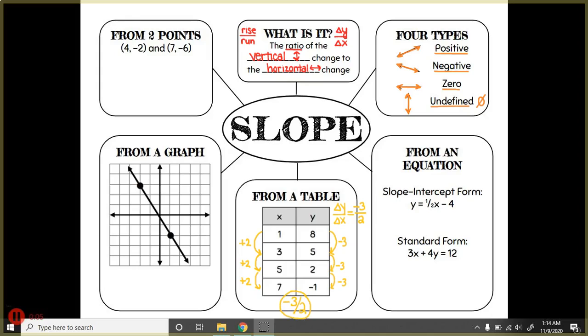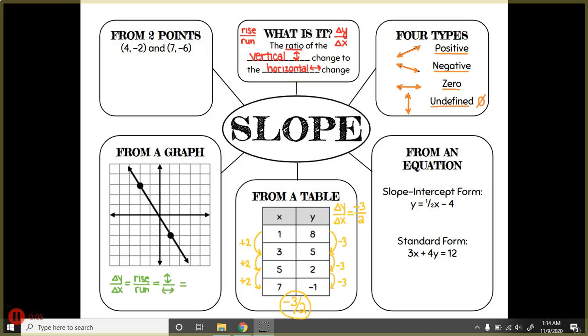Then we talked about how to find slope from a graph. From a graph, we always counted our change in y over our change in x, which we said we can call the rise over the run. So we're talking about how do we move up and down, and how do we move left and right.